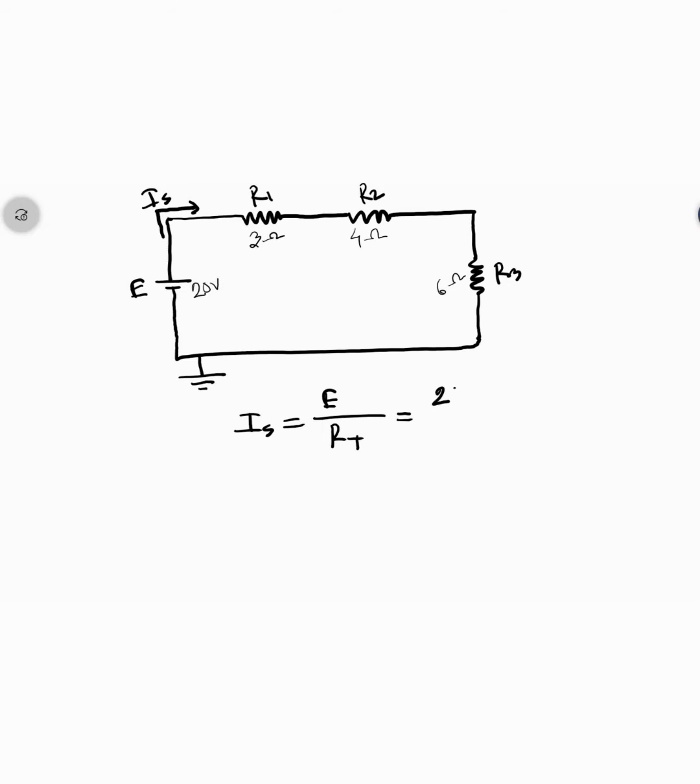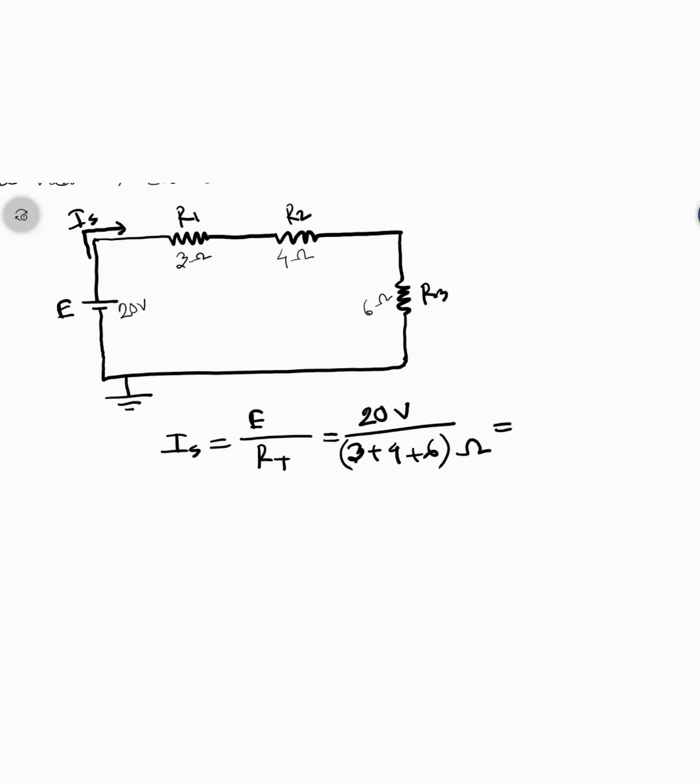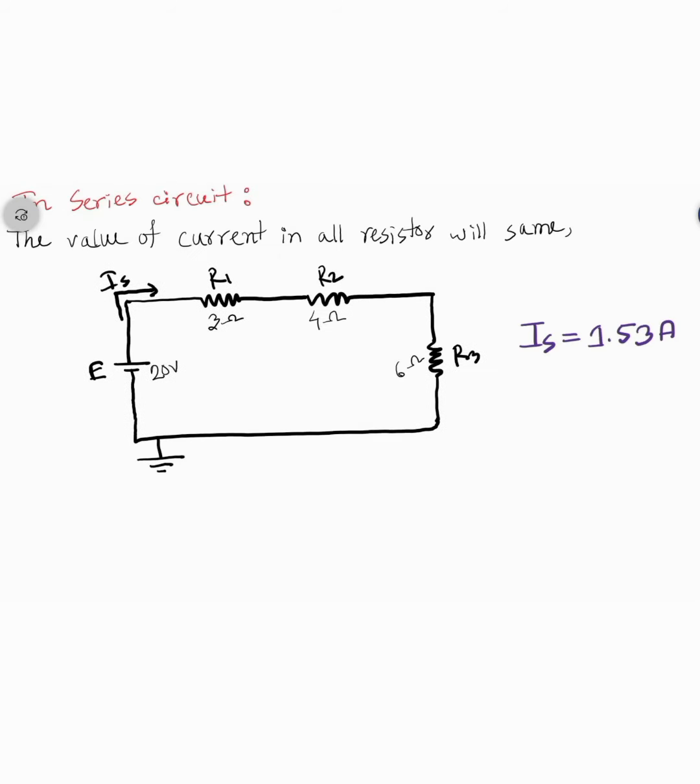E equals 20 volt. RT is 3 plus 4 plus 6 ohm. So we have Is equals 1.53 ampere. Here in R1, what is the value of V1, V2 and V3?